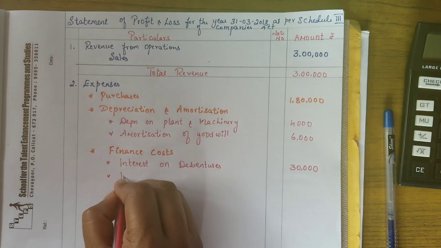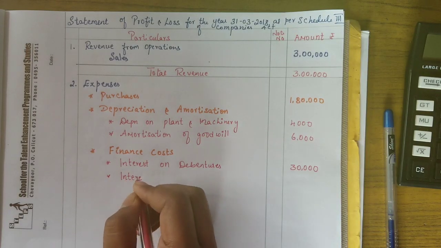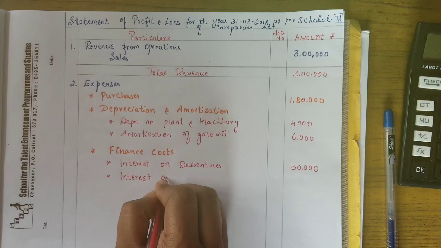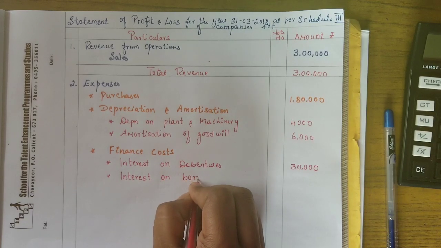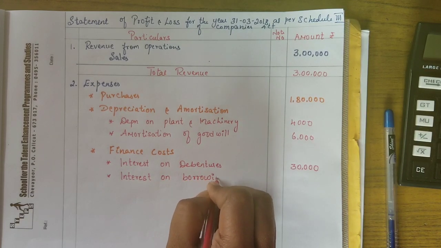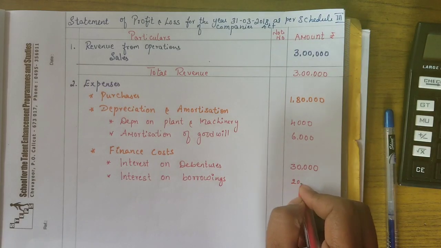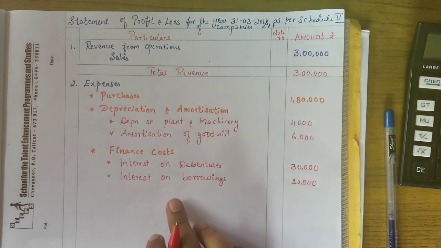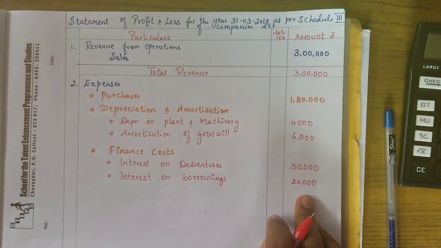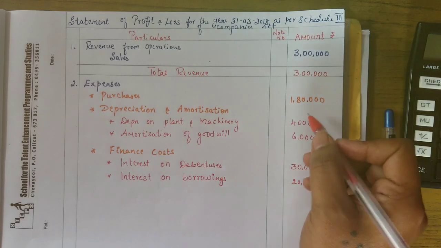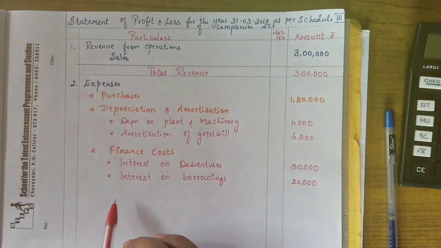Next we have interest on borrowings. Borrowings is nothing but loans taken from banks or any outside person. The interest charged on the loans is 20,000. So these are the items given here, and all the expenses are written as per the problem.